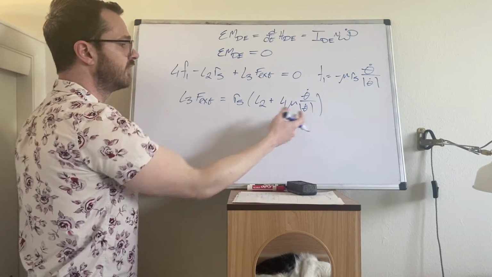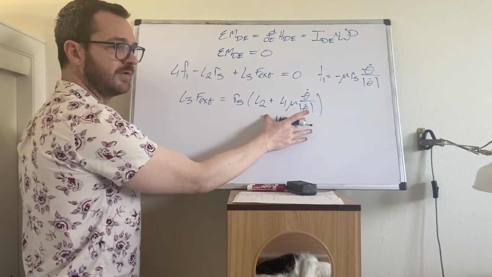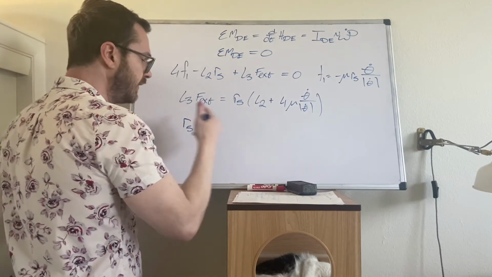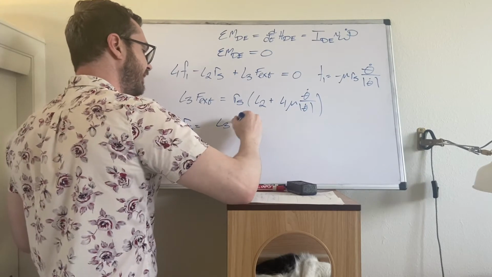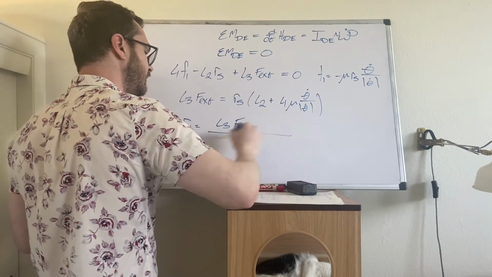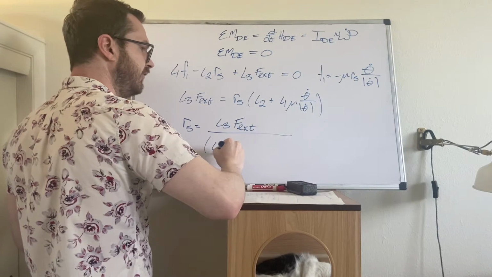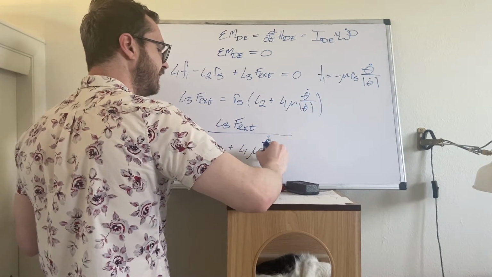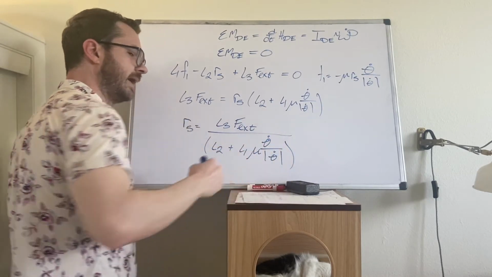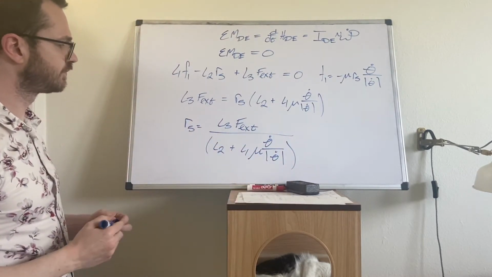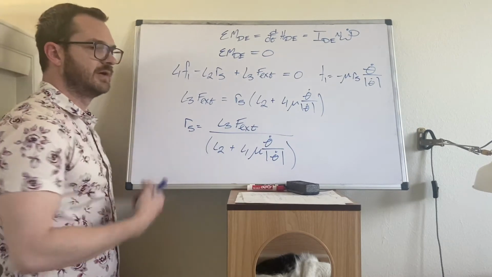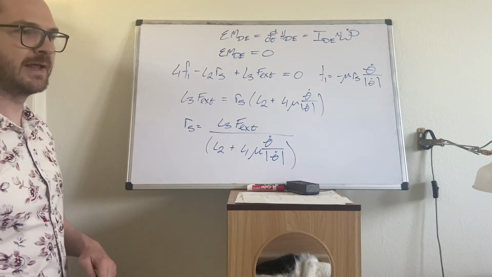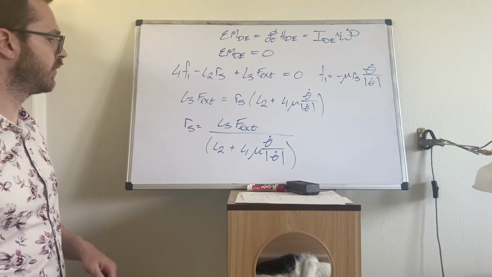All of these terms enter positive, and we want to solve for R5, so I'm just going to divide by this term. R5 will equal L3 F external divided by L2 plus L1 mu theta dot divided by magnitude of theta dot. Okay, here's your R5. Let's take these and start adding them back into that very first equation.